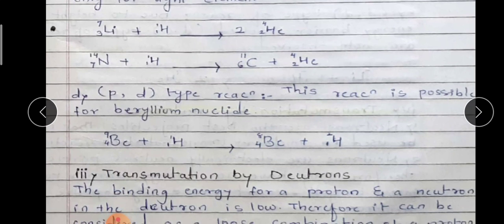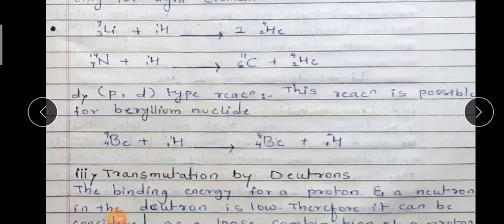When you bombard, 4 plus 1 is 5. Deuterium is emitted there, so 5 minus 1 is 4. 4 is nothing but beryllium. Then 9 plus 1 is 10, 10 minus 2 is 8. That is beryllium, it will be there as a different isotope.